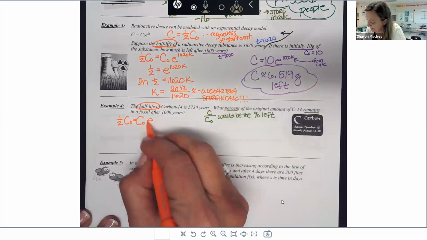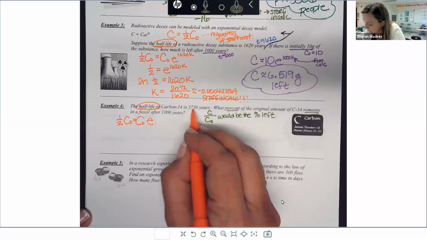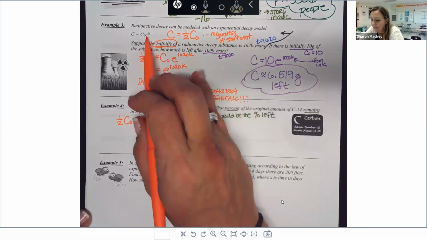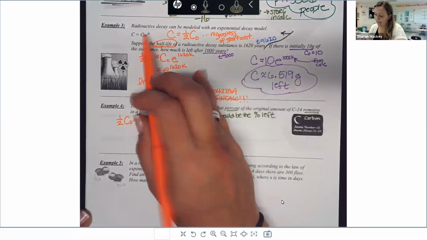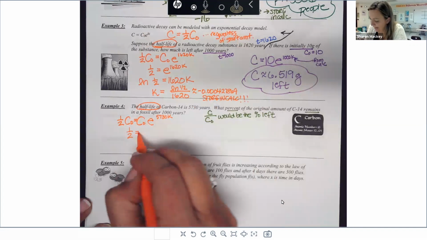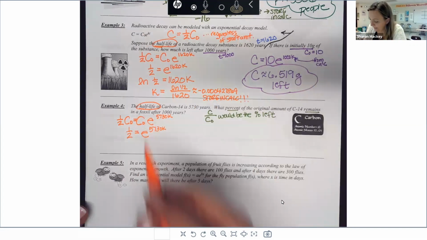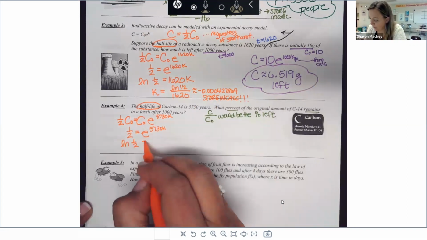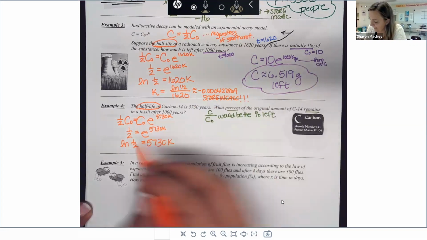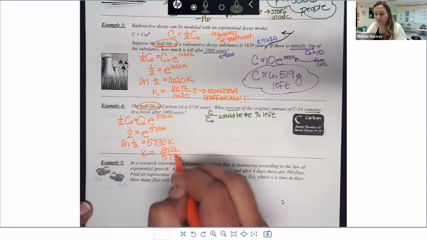Then we multiply that times E to the 5,730 K. I know our function has E to the KT, but in this case we know T, so a lot of times we'll just put that as the coefficient of K. Dividing by C sub 0, we get 1/2 equals E to the 5,730 K. Rewriting in logarithmic form, we get the natural log of 1/2 is 5,730 K. And that K is the natural log of 1/2 over 5,730.